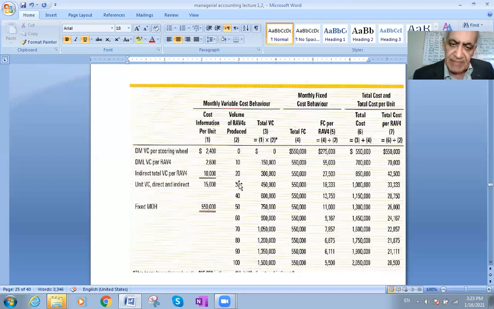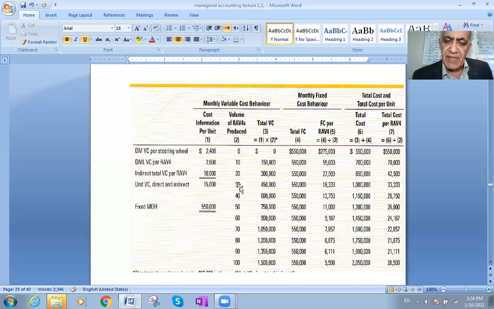Let's say as an example, each unit will cost $15,000. On the level of zero production, 0 by 15,000 will give me 0. Then I produce 10 units, 10 by 15,000 will give me 150,000. Then 20 units, each unit costing me variable costs of 15,000, 20 by 15,000 is 300,000.